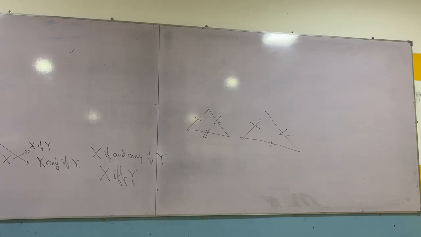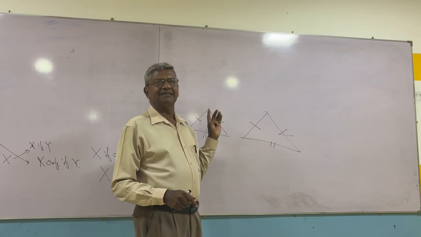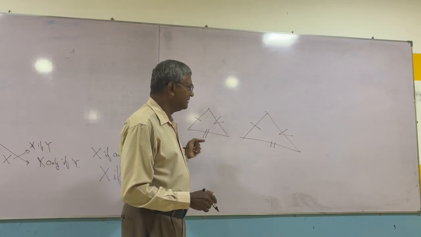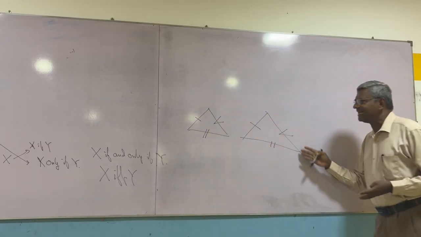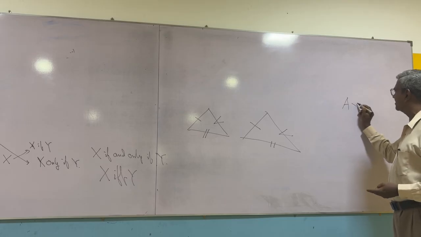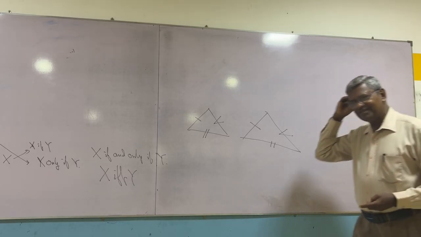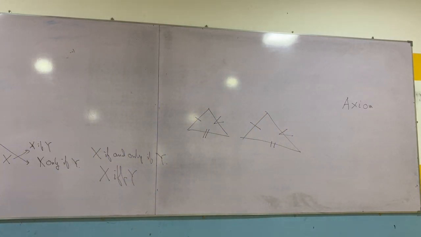But somebody has proved this. For instance, when I say somebody has proved it, there are axioms. The word axiom is something you cannot prove, but whole world believes it is true.